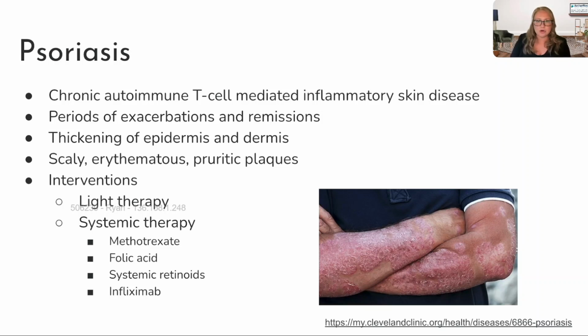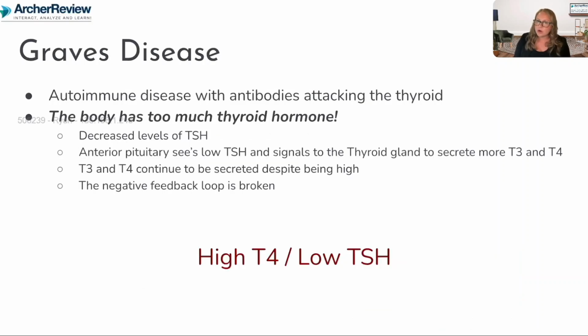Now, in endocrine, we have several different autoimmune diseases. Graves' disease is autoimmune attacking the thyroid. Immune system starts attacking the thyroid, it dysfunctions, and we get high levels of that thyroid hormone. Too much metabolism. The hallmark sign there was that exophthalmos, right?